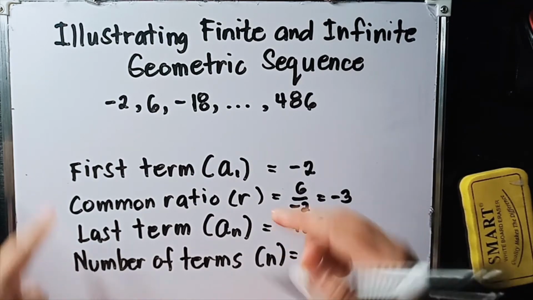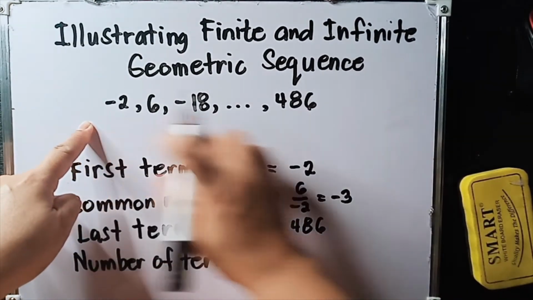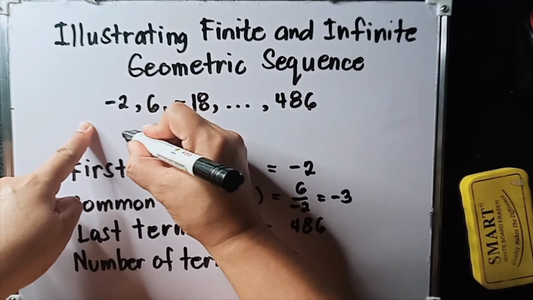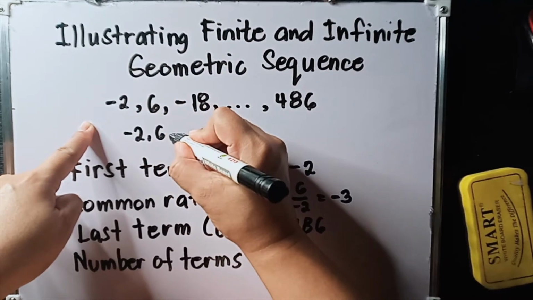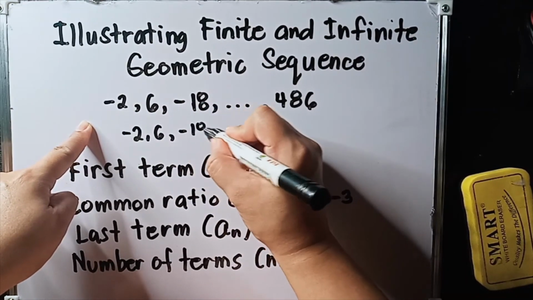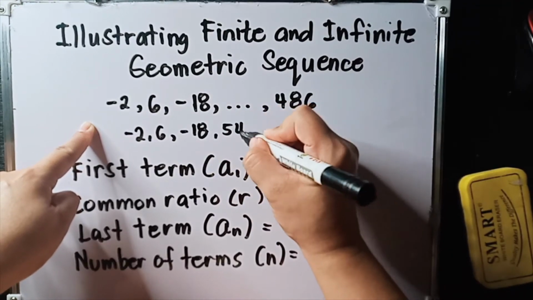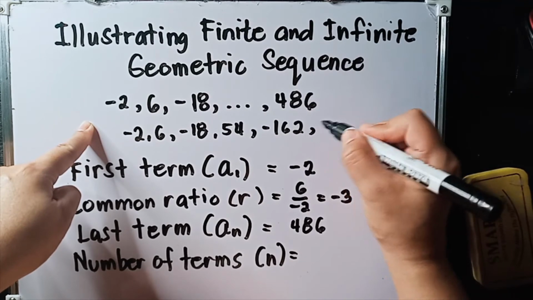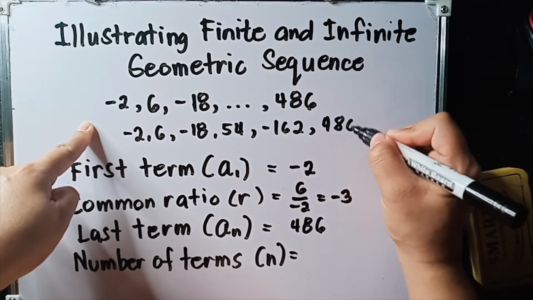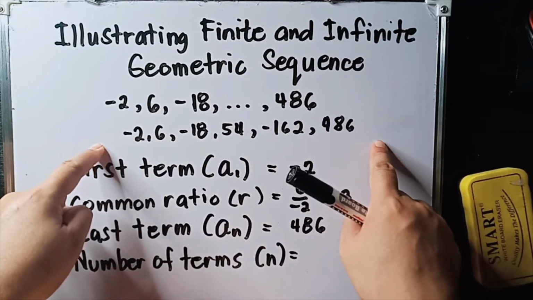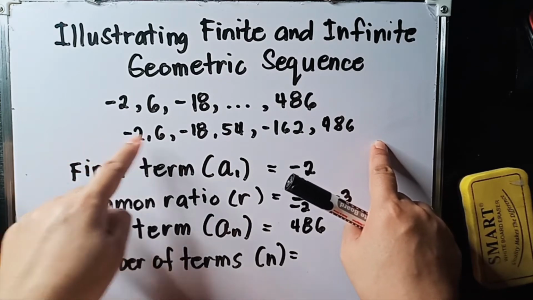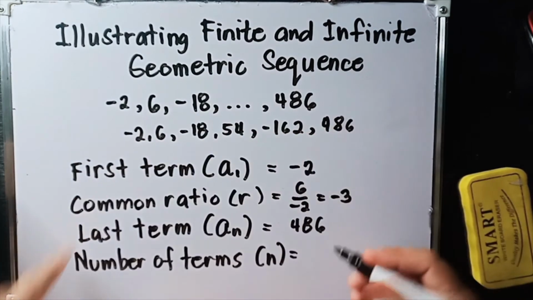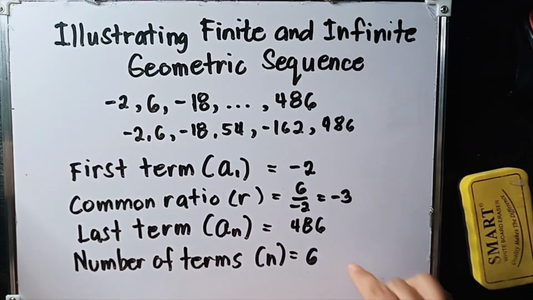By listing or completing this, we can write it as -2, 6, -18, 54, -162, 486. We can actually count how many terms: 1, 2, 3, 4, 5, 6. So the number of terms is 6.